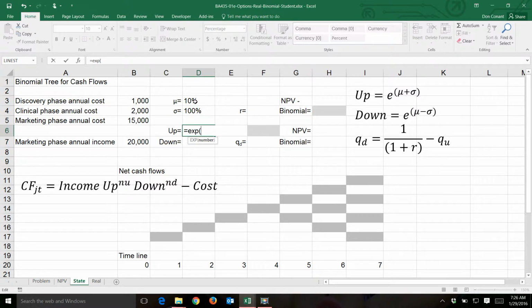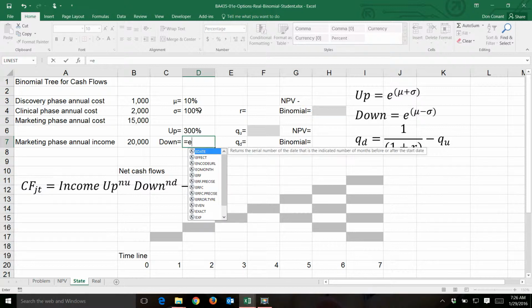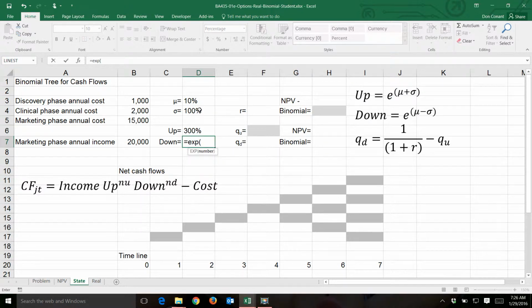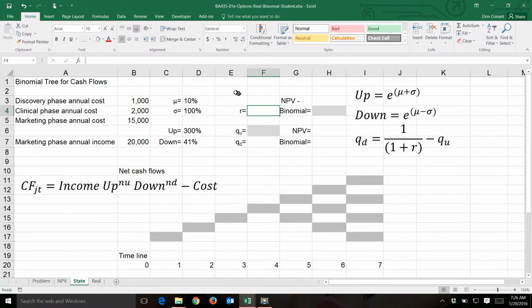So we're raising it to the mu plus standard deviation power, and you can see we get the same result. So either way you want to do it, doesn't matter to me. I'm going to go ahead now and enter the down state formula, and that is E raised to the mu minus the standard deviation. And we get 41%.